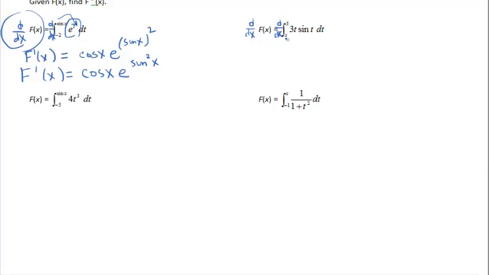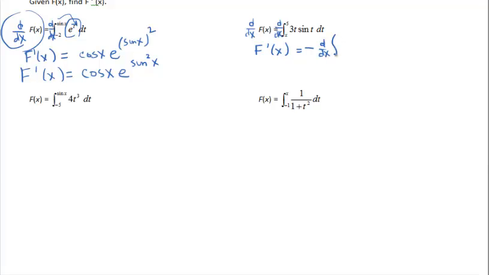You might have first noticed that you'd want to switch these limits here. Before I even brought in the d over dx, that might have been a good thing to do, but I'll go ahead and incorporate it right here. So f prime of x is equal to, let me switch the limits, so I'm going to have the opposite.